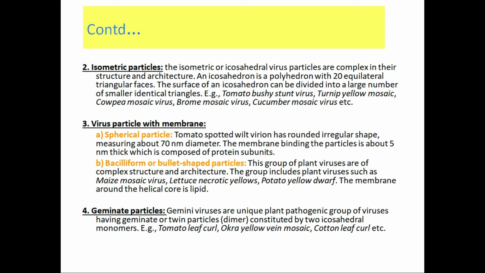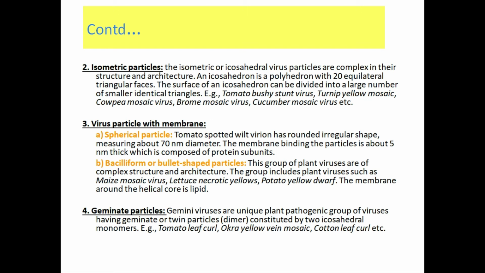For example, maize mosaic virus, potato yellow dwarf virus, and the membrane around the helical core is actually lipid. So here we get to see a virus which has lipid. Basically most of the viruses are nucleoprotein, but here some viruses have lipid, like potato yellow dwarf virus or maize mosaic virus. They have lipid in the membrane.